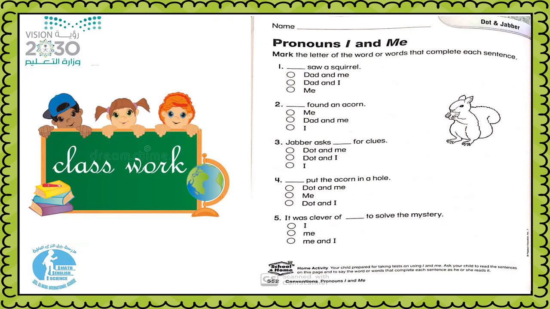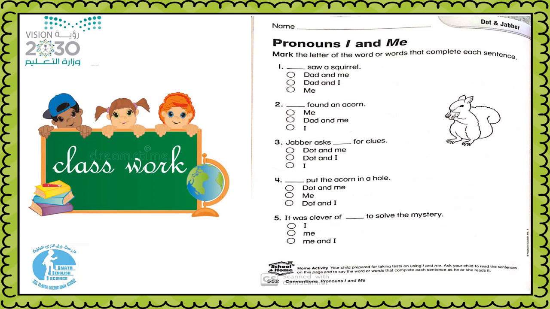Number 3. Jabber asks. Be careful. Asks is an action verb. Asks blank for clues. Jabber asks Dot and me, or Dot and I, or I? Excellent. Dot and me. Why?